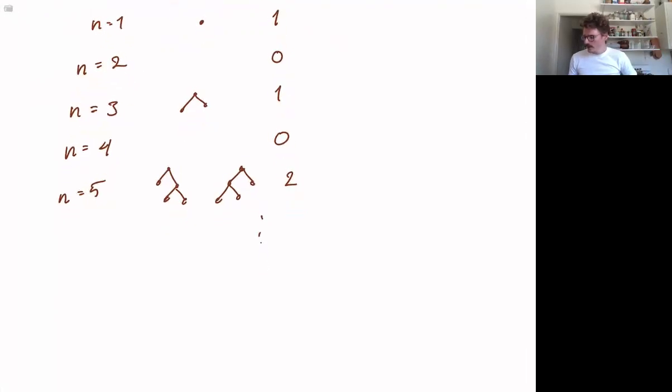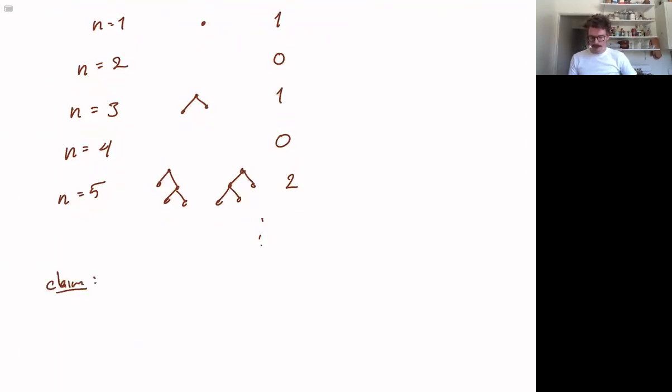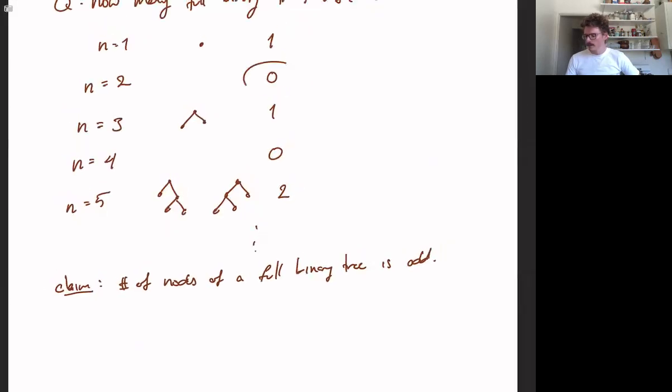So let's quickly try to prove this claim. The number of nodes of a full binary tree is always odd. That seems to be what we're observing in this pattern.